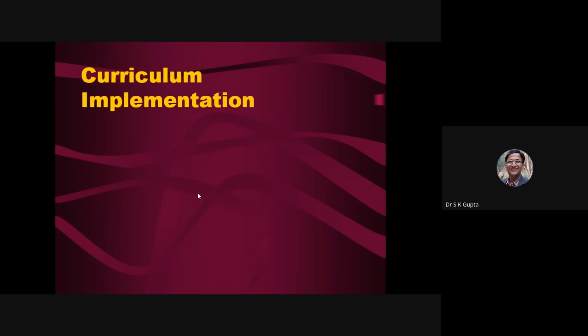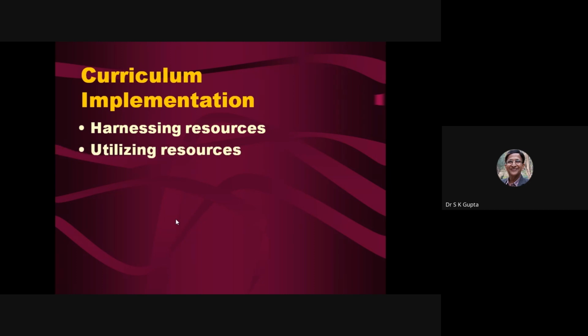And then come to the third stage. Once the curriculum has been designed, then we will be having the curriculum implementation stage. For this also, I will be having on Wednesday one full session on effective curriculum implementation, because of harnessing resources. If some new labs have been added, you require some new resources.